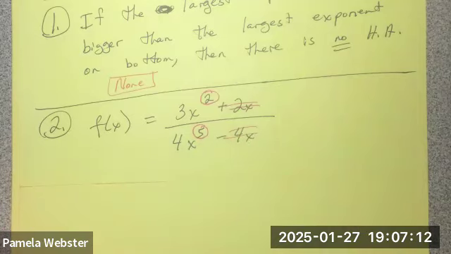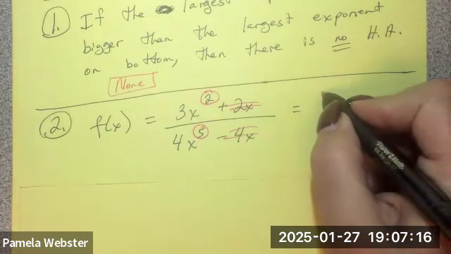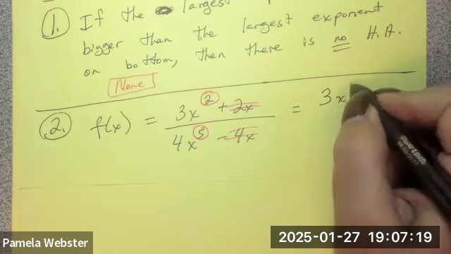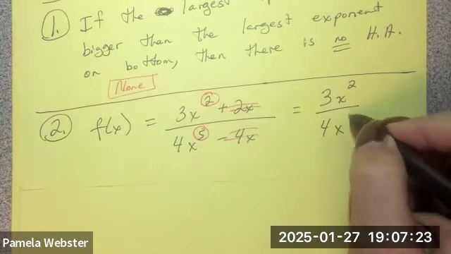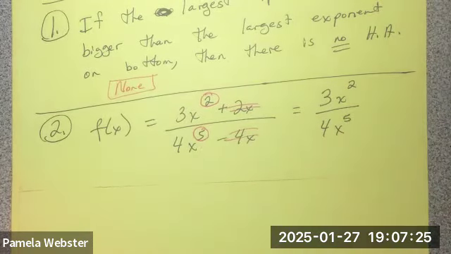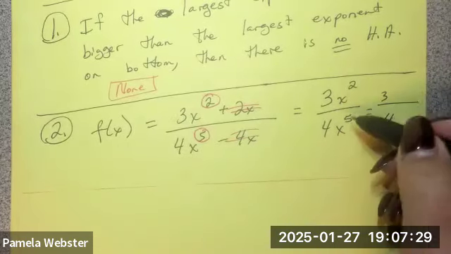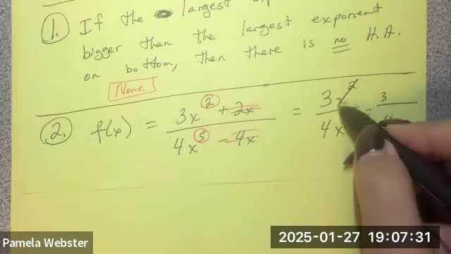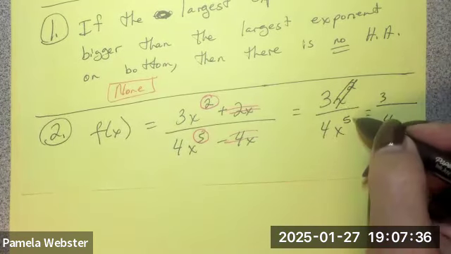And let me go ahead and just actually show you what this looks like as when I'm reducing stuff. So it's 3x squared. Ignore that other stuff. We don't care about him right now. Over 4x to the fifth. The 3 and the 4 are going to hang around, right? But what happens is that I can get rid of 2 of these exponents, right? X squared. And what happens?